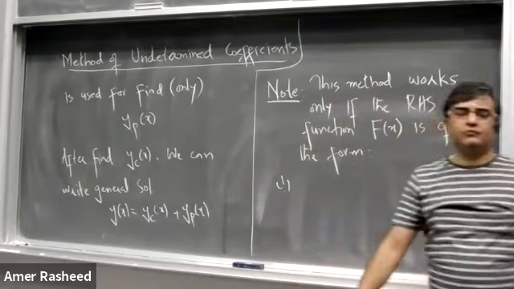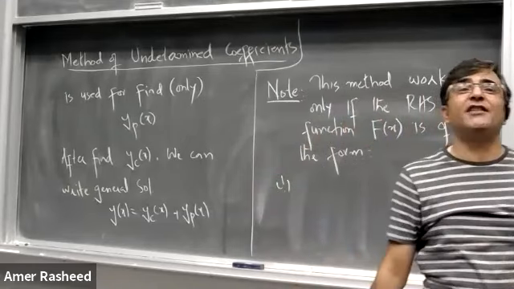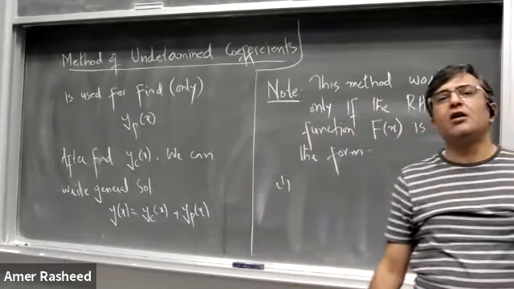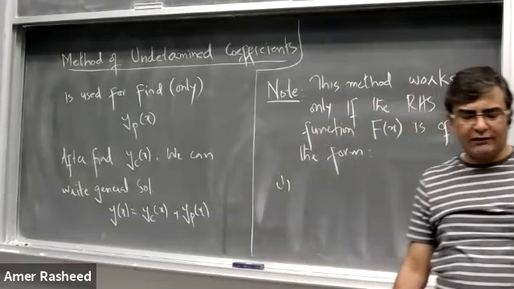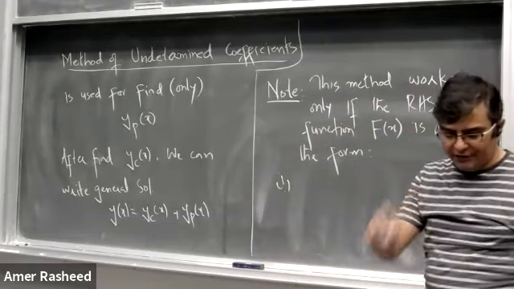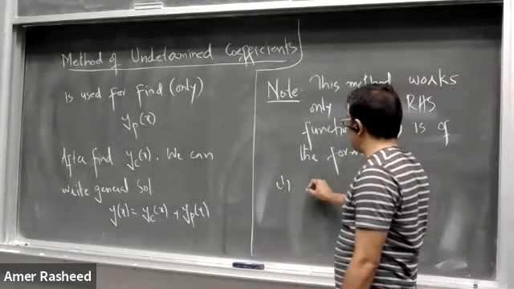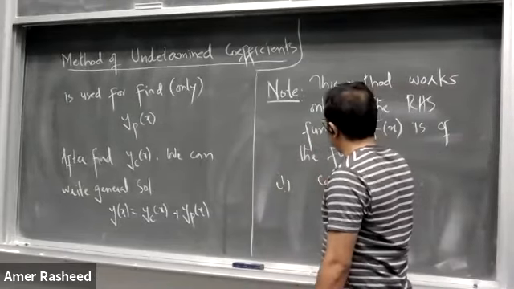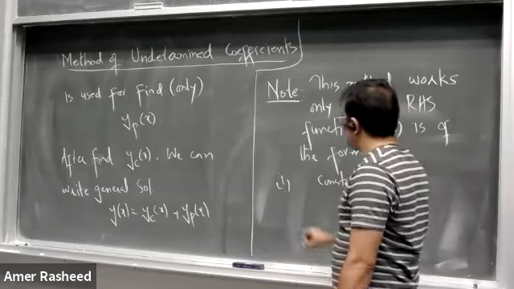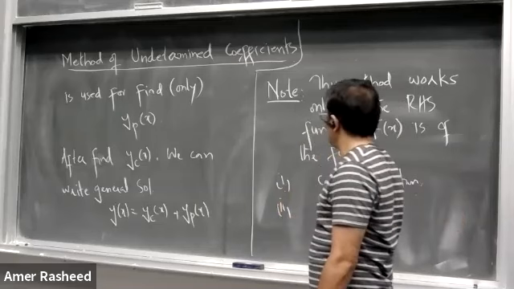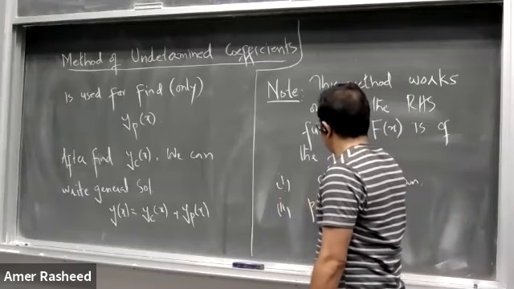What are the forms of the right-hand side functions so that we can find the solution of the given non-homogeneous differential equation? The right-hand side function could be, first, a constant function. Second, a polynomial function.